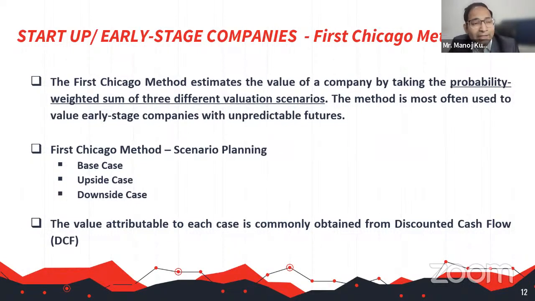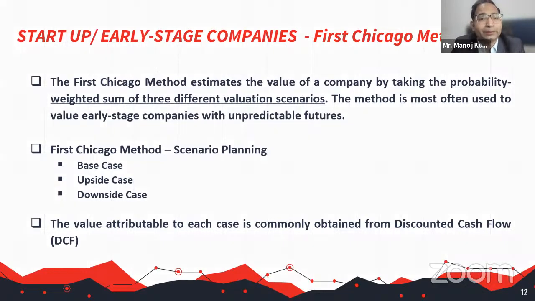And the third one is the most conservative, considering the downside. If the business is not growing, if the competition goes up, or there are other factors which do not allow the company to grow as they have projected, then what will be the downside? So these scenarios are determined, and under all these three scenarios, discounted cash flow valuation is done, and then a certain weight is given to all the three, and based on that, the fair valuation of the startup is determined.